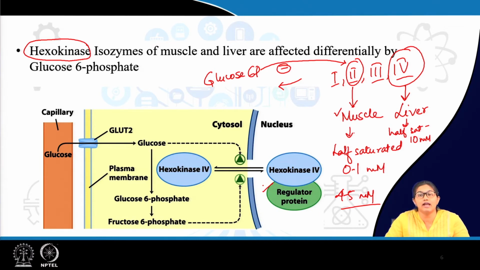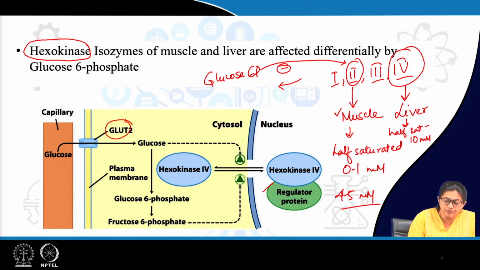Remember, all the glycolytic enzymes are present in cytosol, whereas hexokinase 4, the liver isoform, is present inside the nucleus. Now, when blood glucose level is raised, glucose enters through GLUT2 and exerts a positive effect over this hexokinase 4. How?